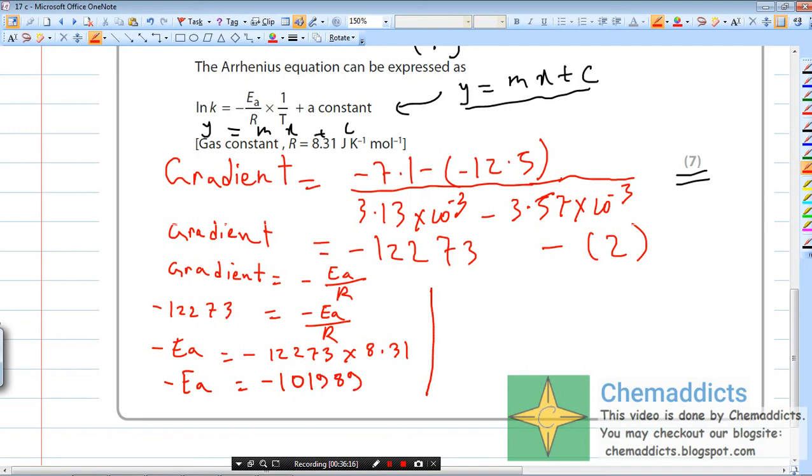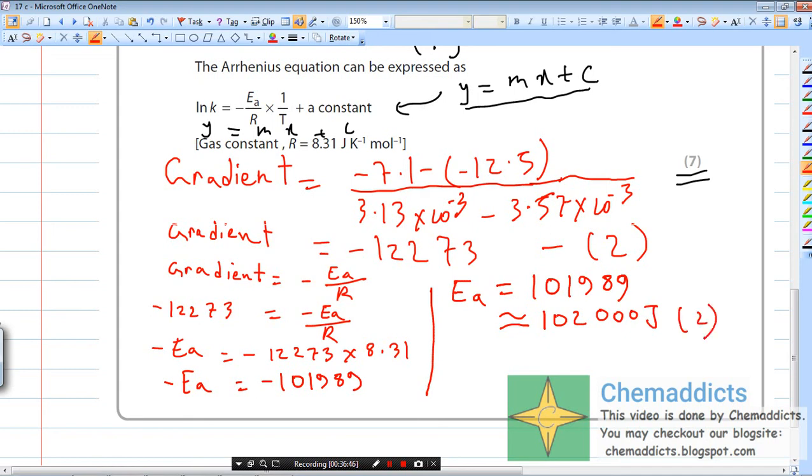Then if we cancel out this negative sign, multiplying both sides by minus 1, we will get EA is equal to 101989. So let us round this up, so we will get 102000 joule. So for calculating this whole thing, we have achieved 2 marks.